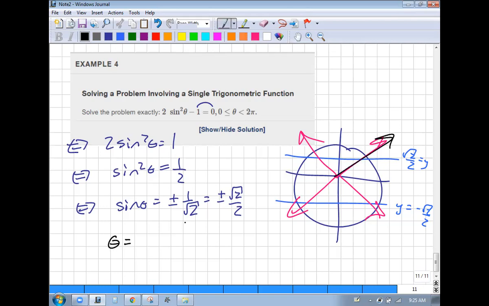Well, I'd say pi over 4, right? And instead of putting each of these, I recognize the fact that from here to here, that's pi over 2. This is pi over 2, that's pi over 2, that's pi over 2. We have symmetry here. So if I just add every multiple of pi over 2, or subtract every multiple of pi over 2, I have all the solutions, right?